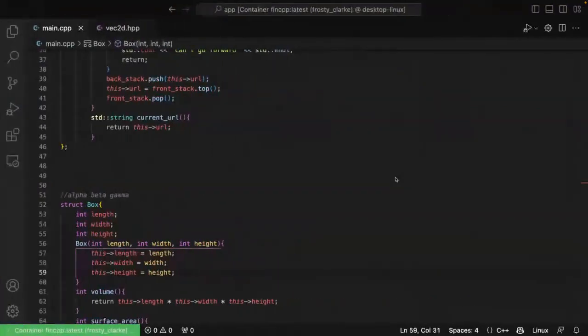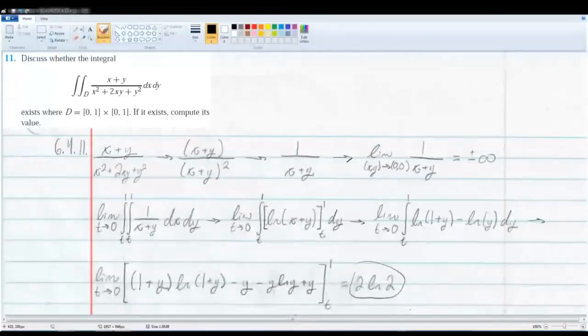Okay, next one, Ron, 6.4, section 4.11. My question asked me to determine if the integral exists on the rectangle [0,1] by [0,1], and if the integral exists, compute its value.